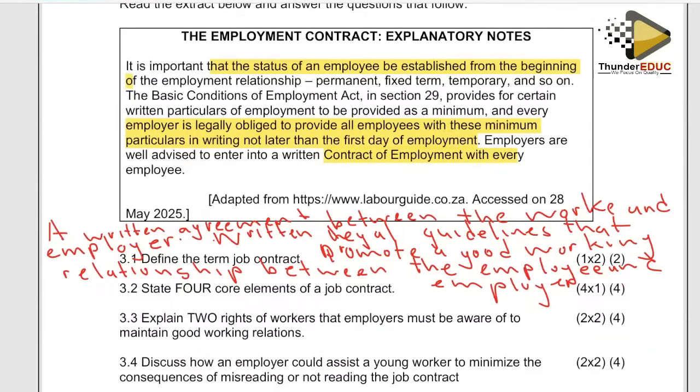So this is a written agreement between the worker and the employer. That is the first definition which you can include.